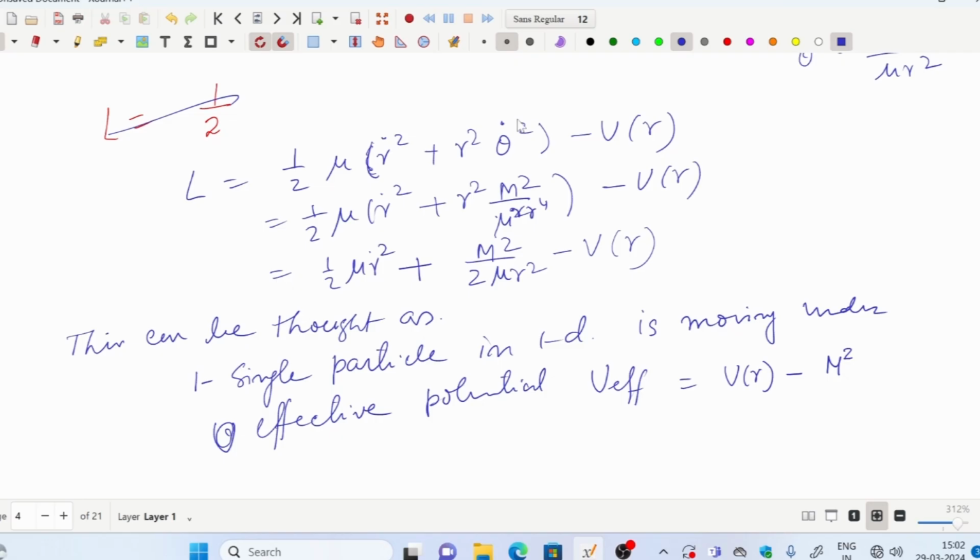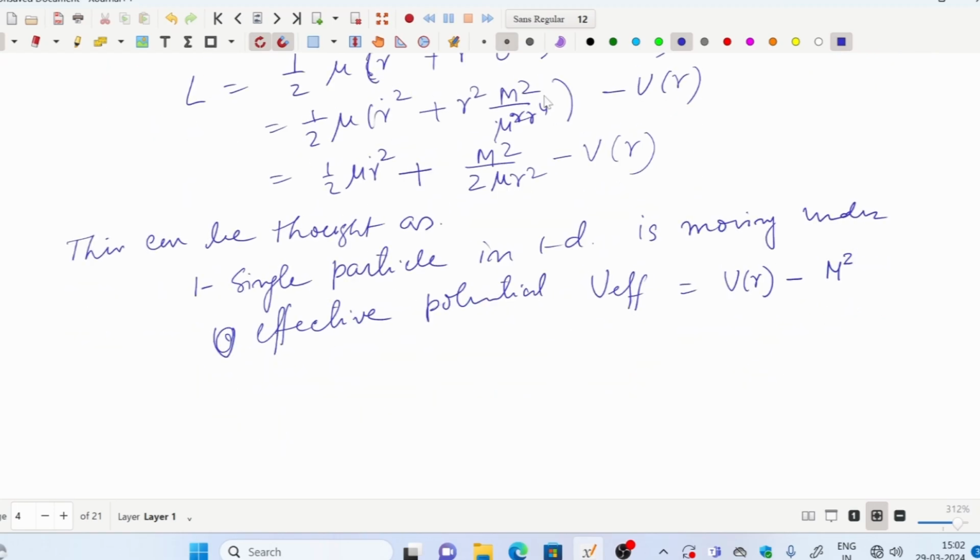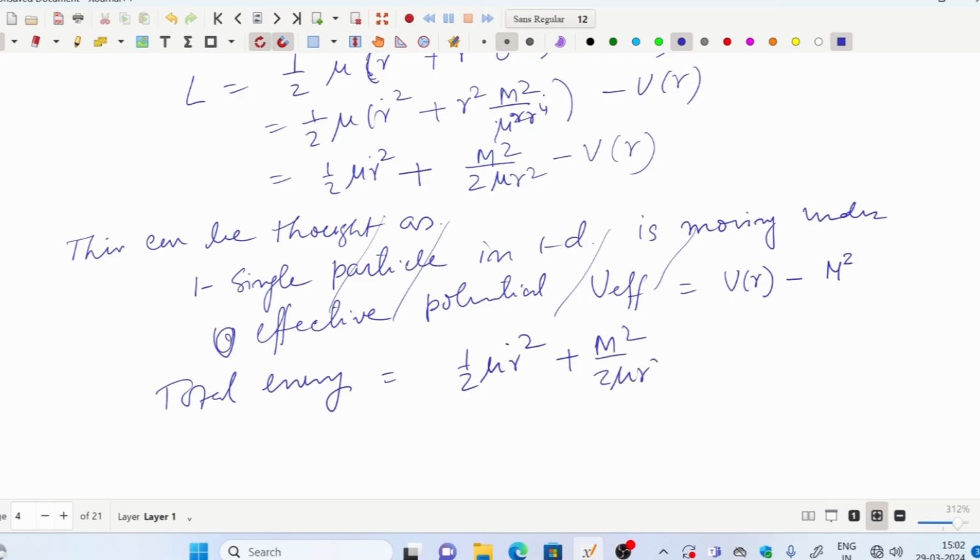Okay, let me not put this argument. The total energy was half mu r dot square plus m square over 2 mu r square plus U of r.